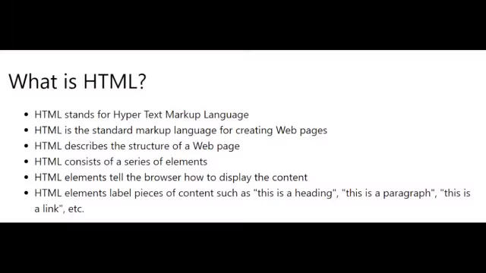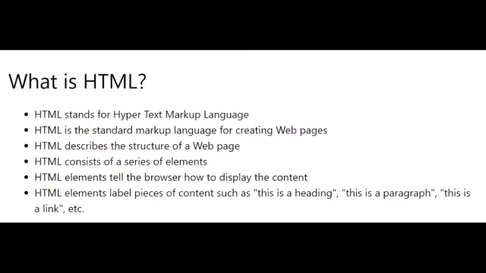HTML. So as we said, hyper means linking. So these are texts that help you link to other pages. Then we have markup. Markup is made of tags and elements. So they help your browser understand the meaning of what you're trying to do or what the computer is saying.